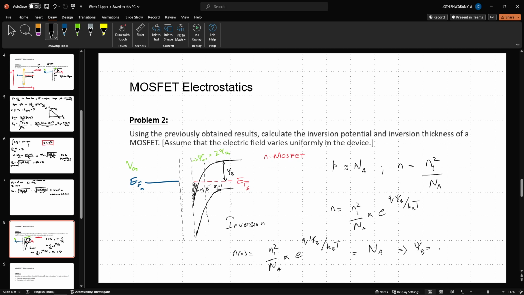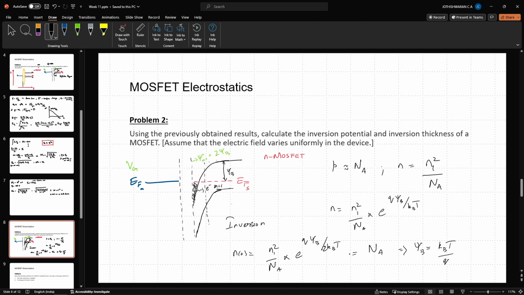So psi b is going to be 2 times kBT divided by 2q, because ni squared has the variation of e to the power.